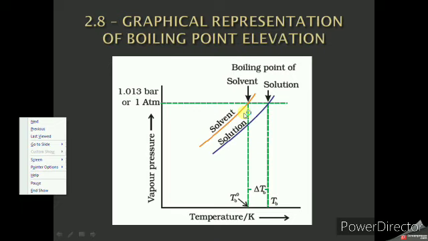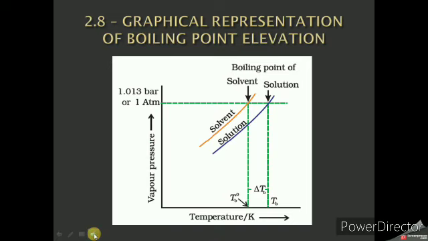Hence, the vapor pressure of the solution needs a higher temperature to reach 1 atm than that needed for the vapor pressure of the solvent. In other words, the solution must be heated to a higher temperature to cause it to boil than the pure solvent, and this is denoted by delta Tb. It is equal to Tb minus Tb0. So I think all of you understood the graphical representation of boiling point elevation.